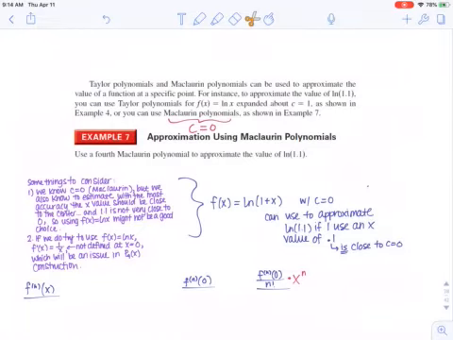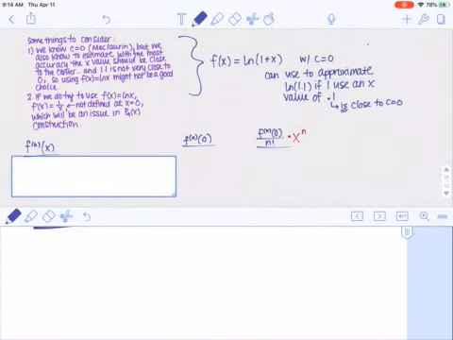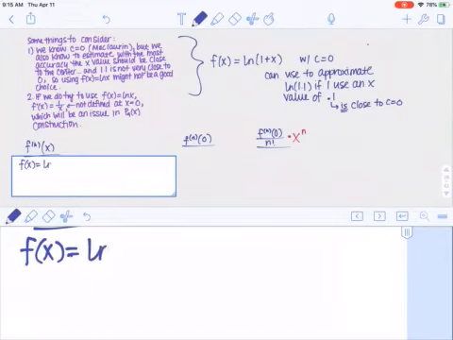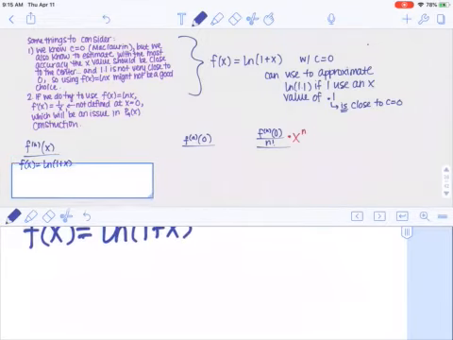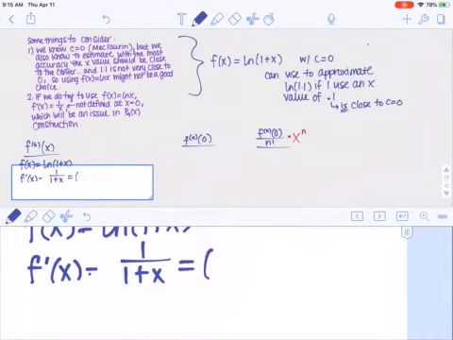Okay, so I need to go ahead and set up my 3 columns so that I can actually construct this Maclaurin. I know I'm going to need to take 4 derivatives because it's asking for the 4th one. All right, so starting with my function, natural log of 1 plus x. My first derivative then is going to be 1 over 1 plus x, which is the same thing as 1 plus x to the negative 1.